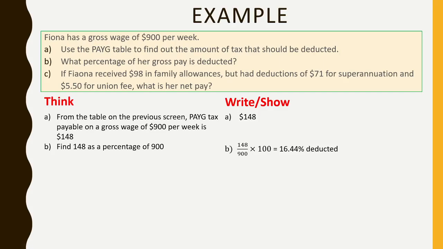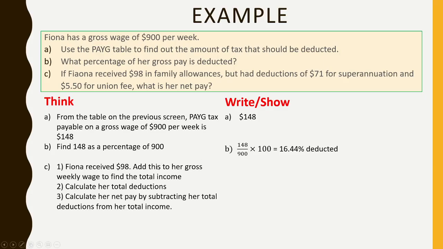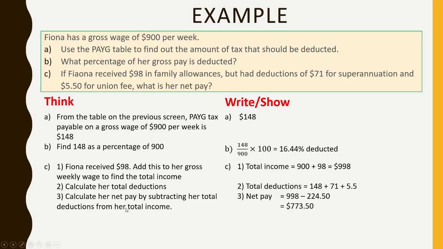And for part 3, we have 3 steps. We need to work out her total income, which is the gross plus her family allowance. We need to work out her deductions, including the PAYG tax, and we have to subtract it from the total. So, total income, 900 plus the 98 for the family income is 998.